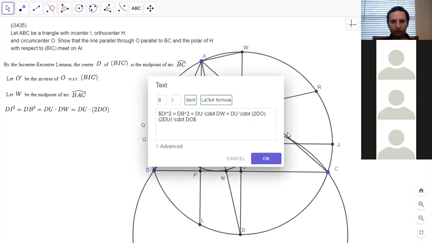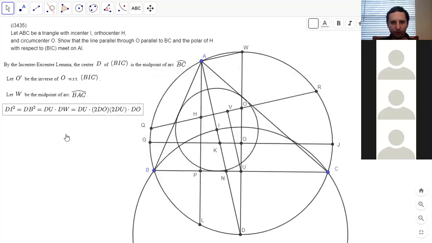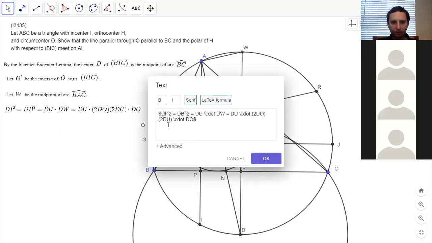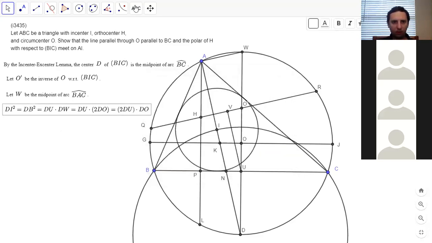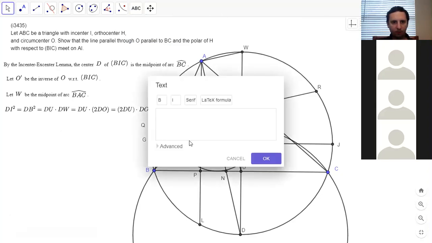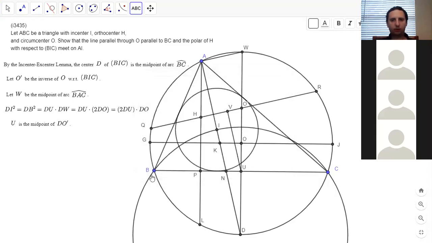So this basically means that U is the midpoint of DO'. And so because of that, O' is the orthocenter of BWC.